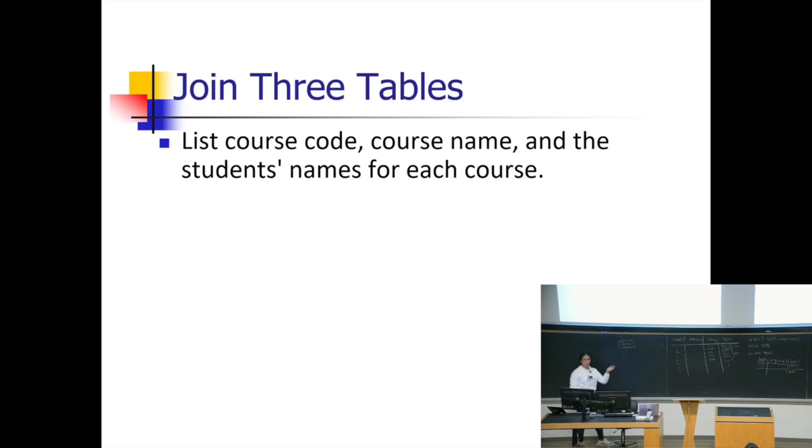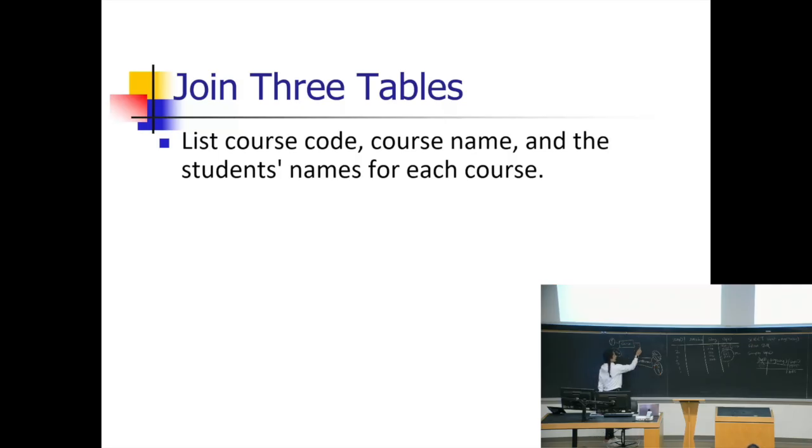I expect that you know what the columns are and so on, right? So you have course code here, course name, and you also have instructor, right? And instructor has instructor ID, instructor name, and so on.